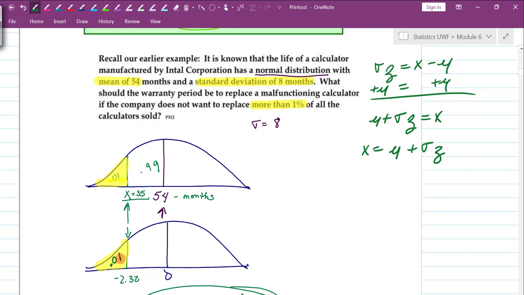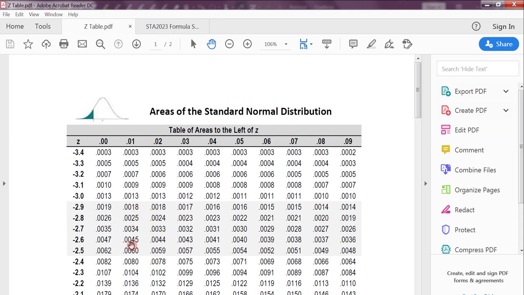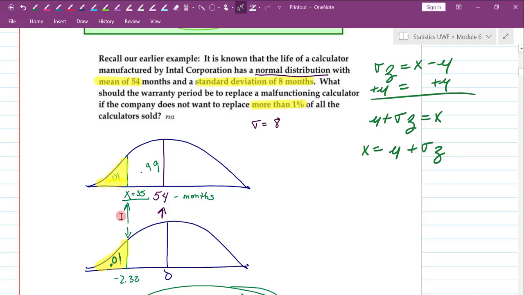We pulled up our z tables, and when we come in here, we look for 0.01, and it's going to be right about here. This is about as close to 0.01 as we can get. So it's negative 2.33, or negative 2.32 on the graph.